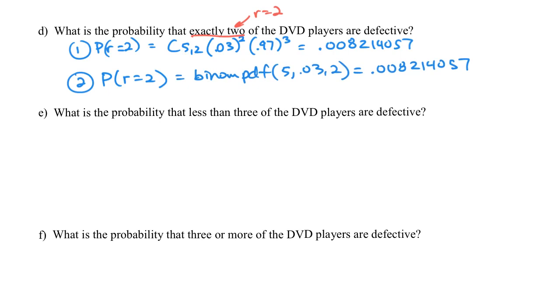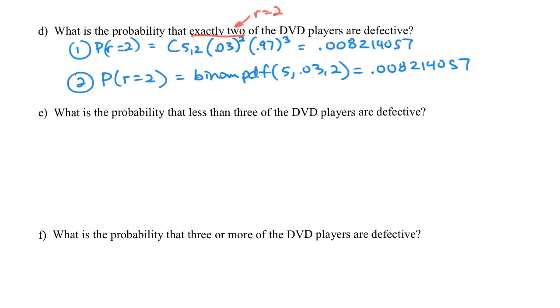As a decimal, it's 0.008. As a percent, it would be 0.8%, less than 1%. If you want to say it as a percentage, you move the decimal over twice, so you get 0.8%. So it's basically not very likely that you would get 2 defective DVD players out of the 5.